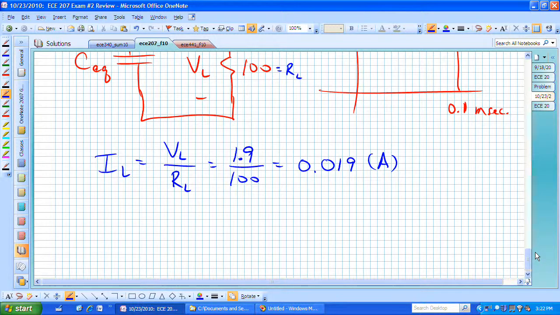We also know this relationship between a capacitor and its capacitance, its charge, and its voltage. We know that Q is equal to CV.